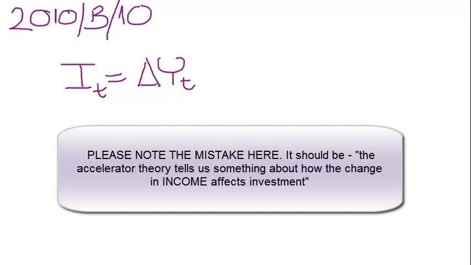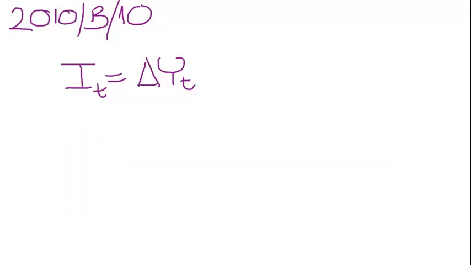So, for example, income today might be quite high, but if it was even higher yesterday, then investment is actually going to be negative, right? Sorry, I should have put the Greek letter delta there, giving us how investment reacts to changes in income. Okay, now it's fine.